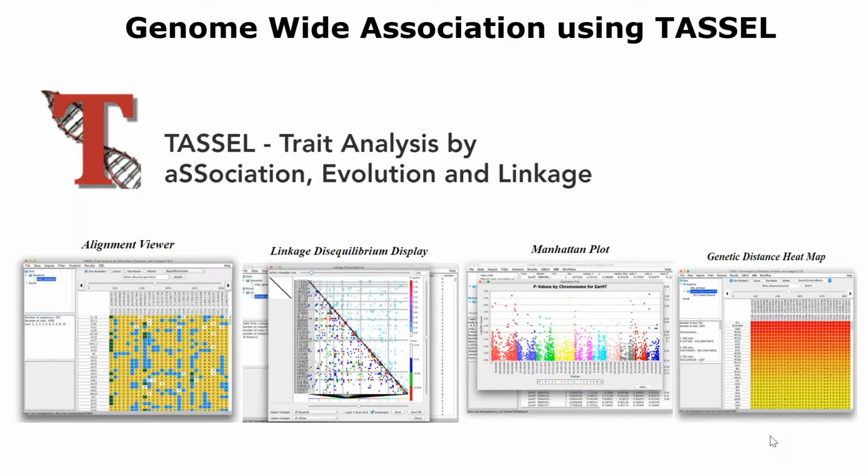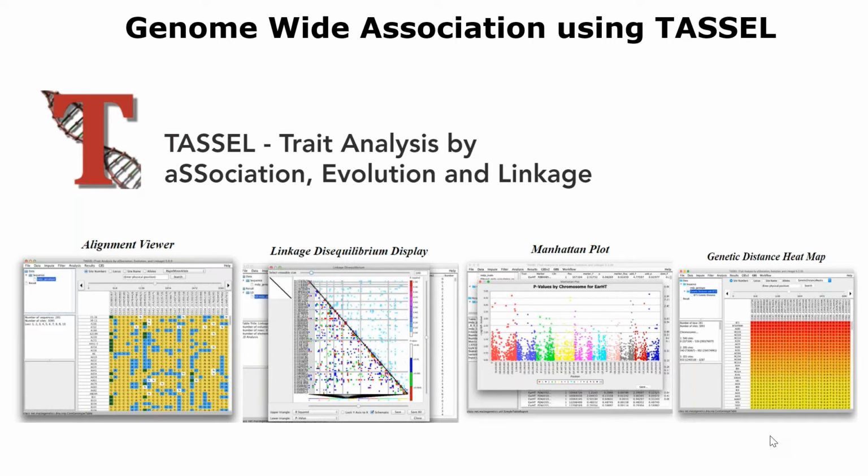Here you can upload your genotype, filter the genotype, do imputation, and calculate the linkage disequilibrium or LD in the population. We can generate the Manhattan plot to see the significant loci in the germplasm, and we can also do the genetic distance and map.